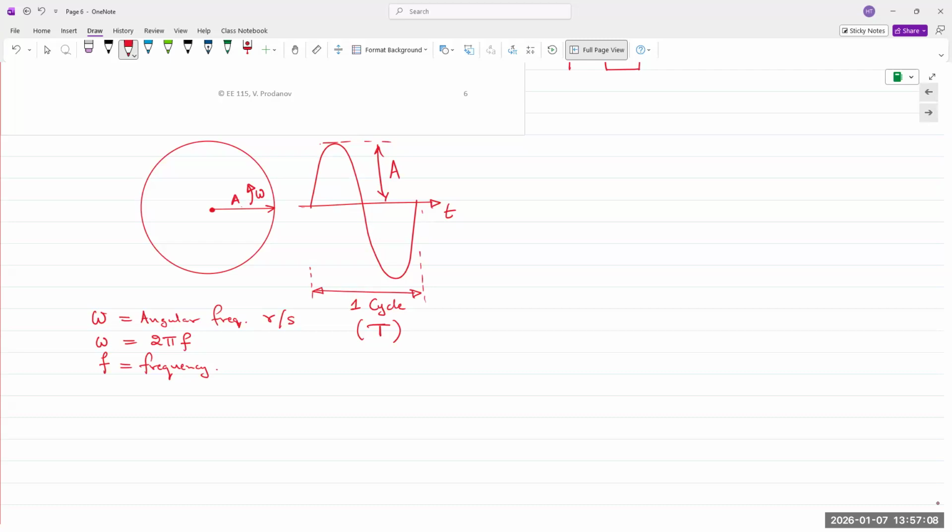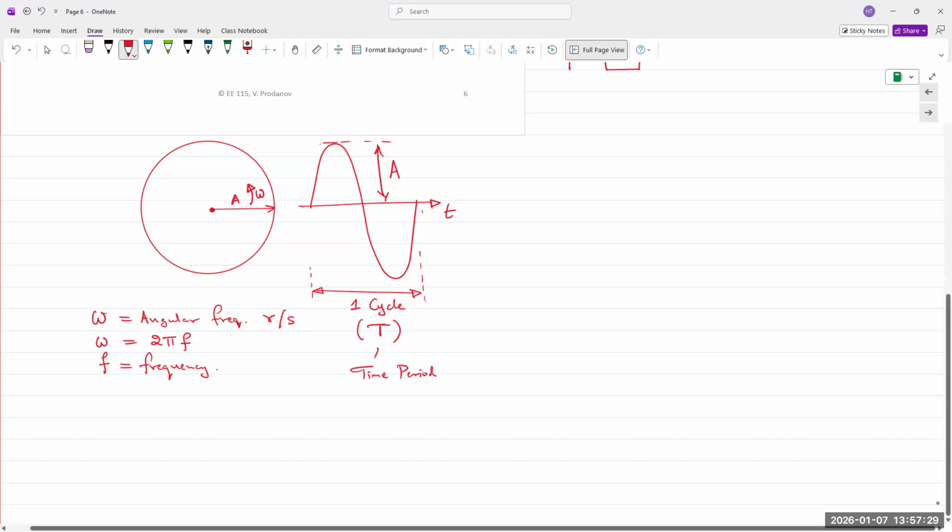The number of cycles that this waveform takes in 1 second is defined as the frequency of the waveform. One cycle is also noted as the time period of the waveform, in seconds, uppercase T. Time period, units are seconds.